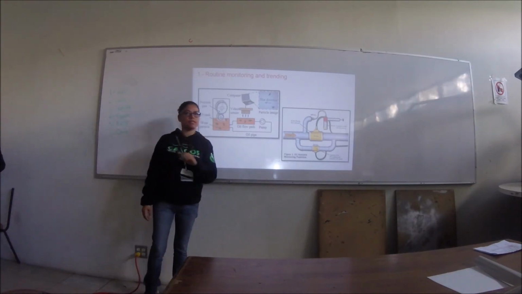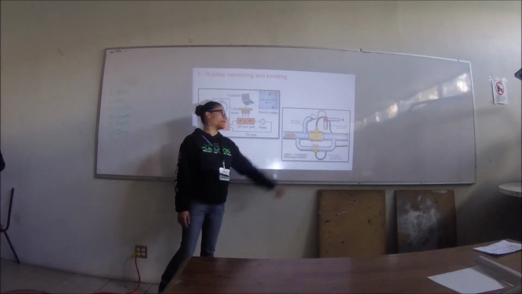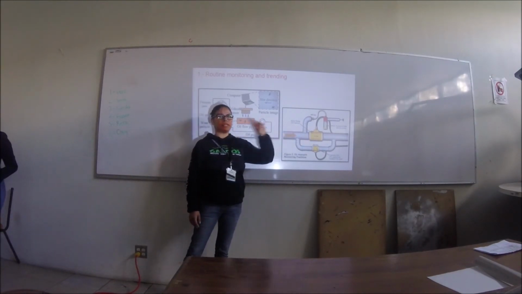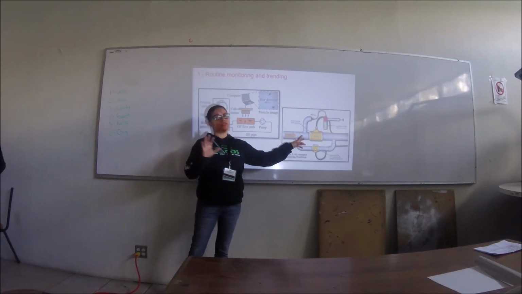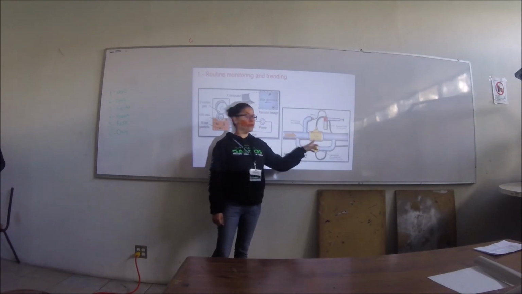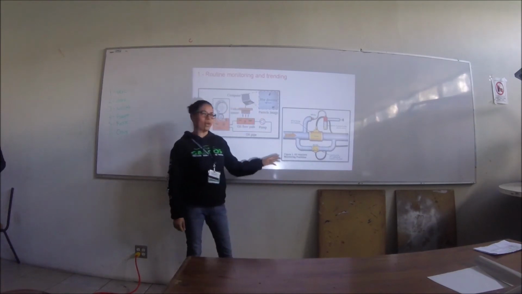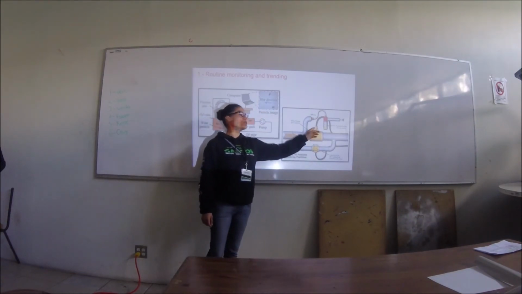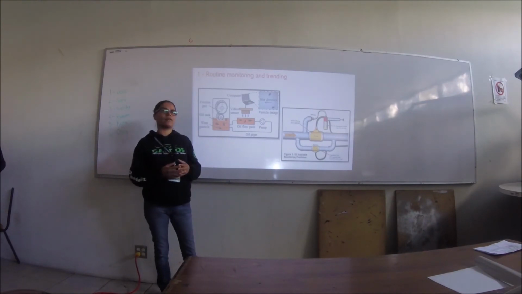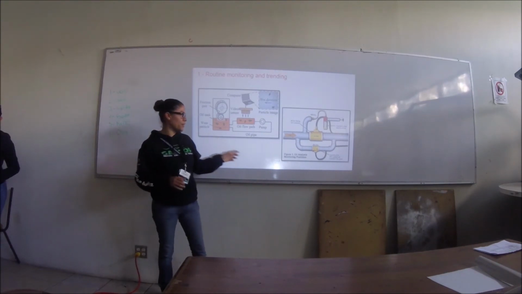There are three techniques to do this method. One is the inline. In this example, we can see the three types in only one, but usually we're going to have just one in one machine. So in the flow of the lubricant, there is a pipe, and that is the inline. It's monitoring with a sensor, and that tells us only if the lubricant is dirty or not, or has particle matter.